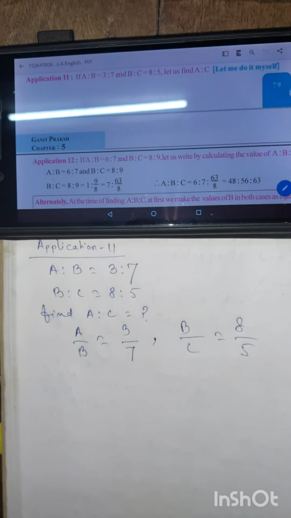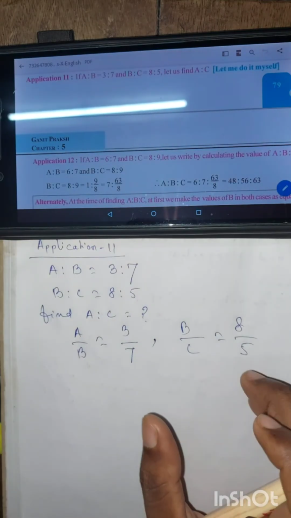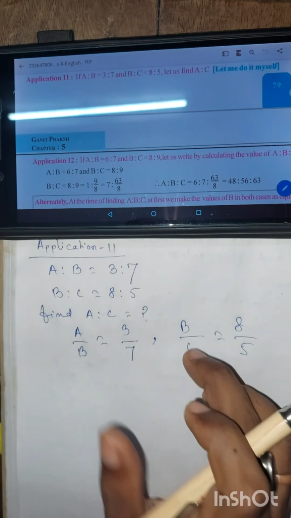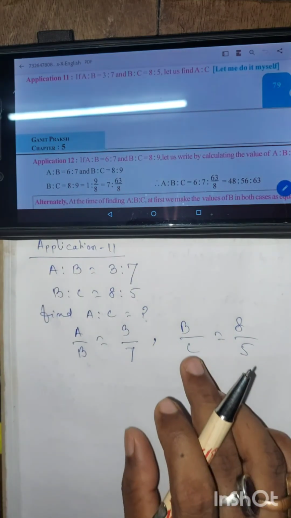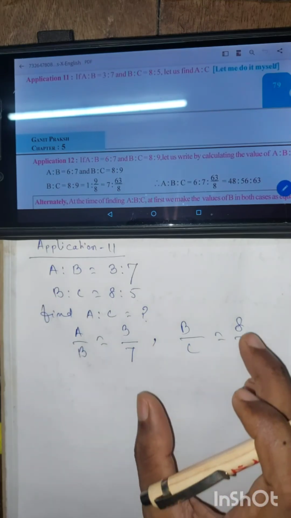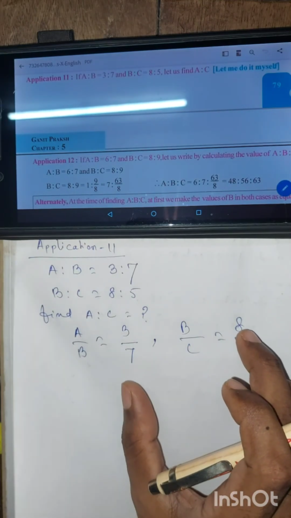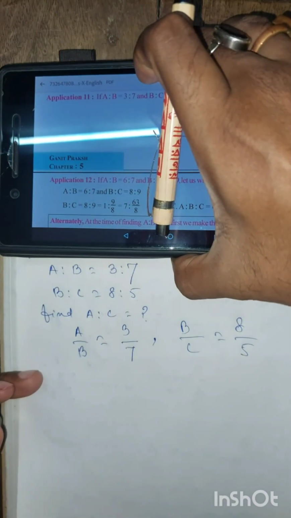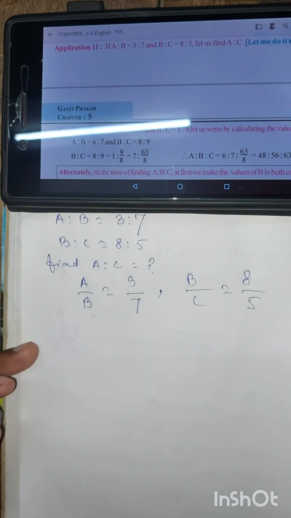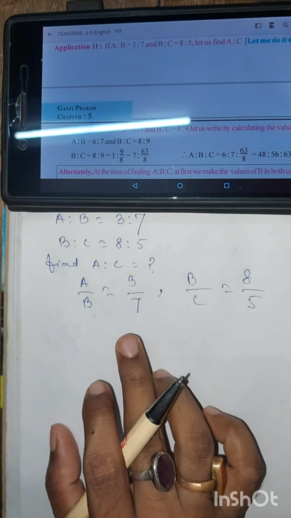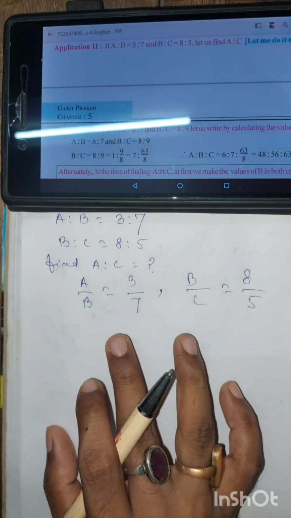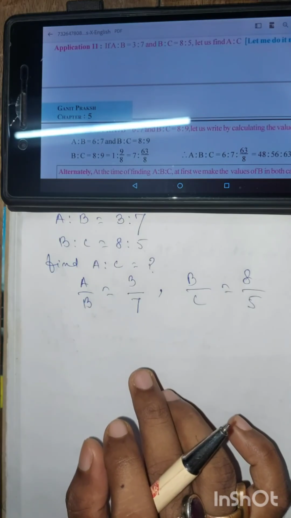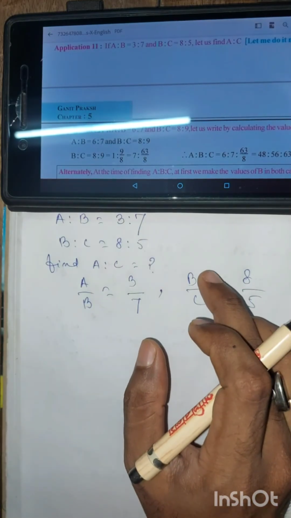So to make B equal, we first find out the LCM of, okay, so we can see in these two ratios we can see B is common.